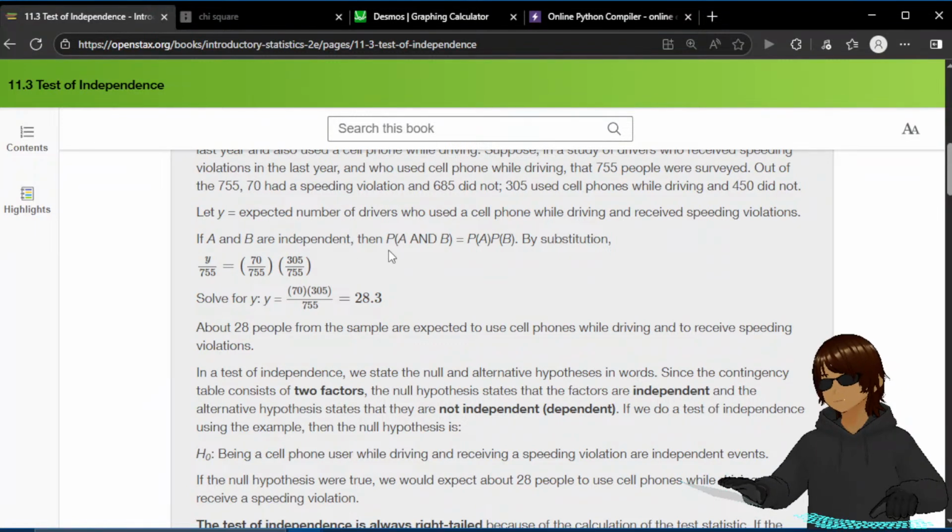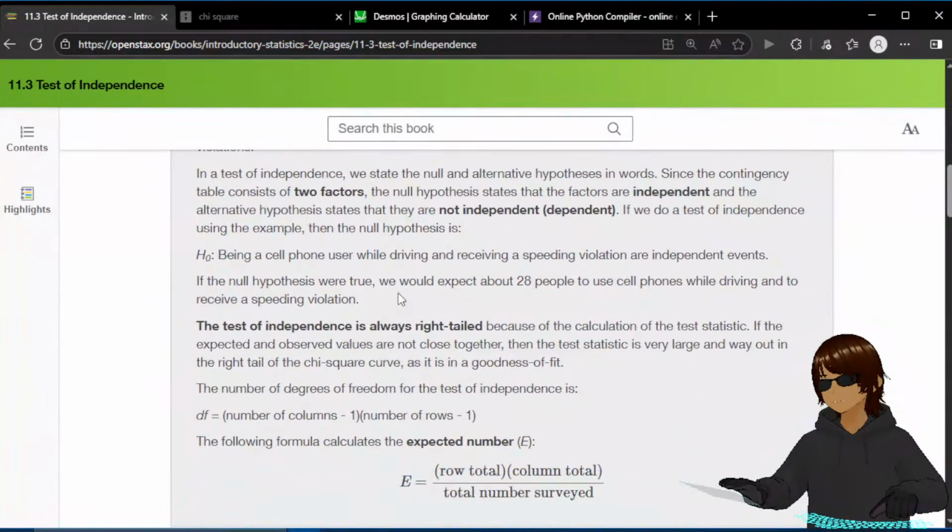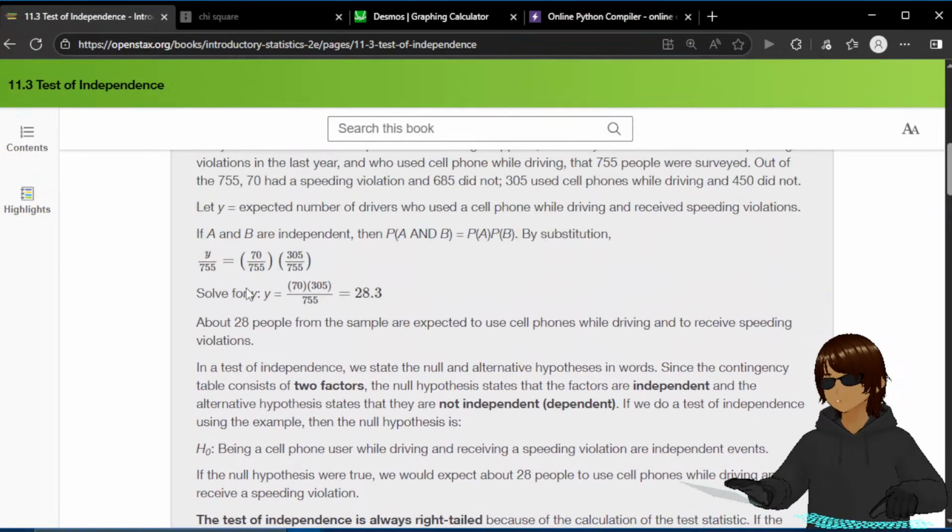So wait. Okay, so if the null hypothesis were true, we would expect about 28 people to use cell phones while driving and to receive a speeding violation. They got 28 from here, right?